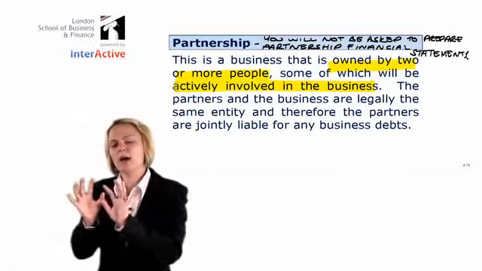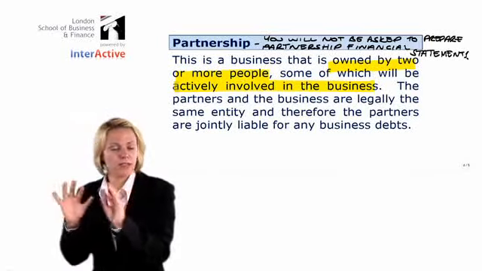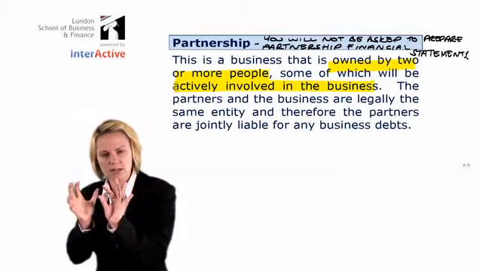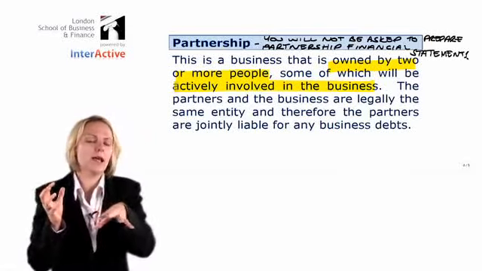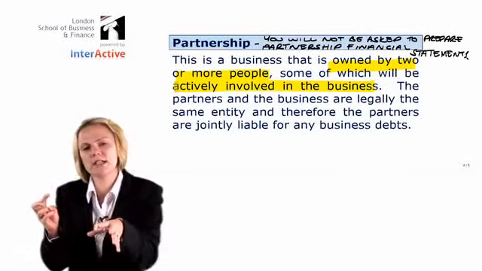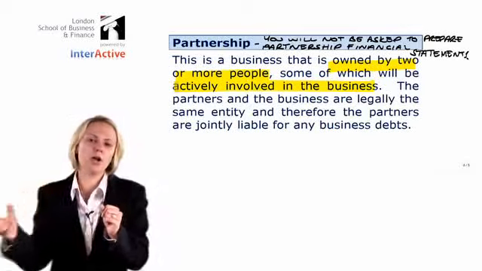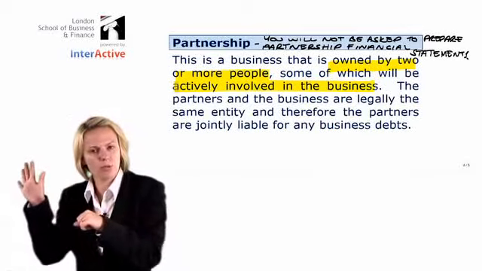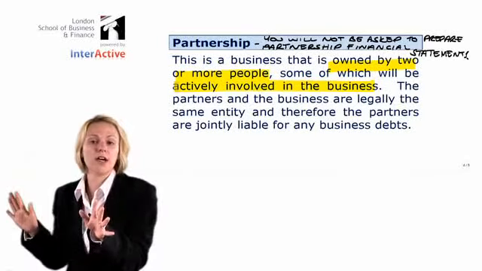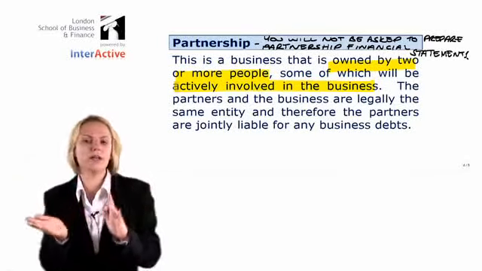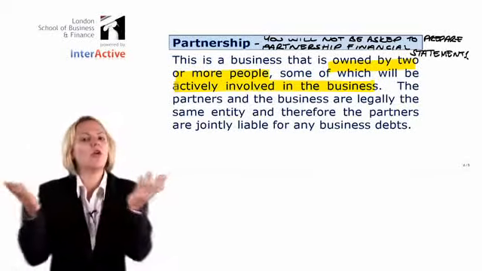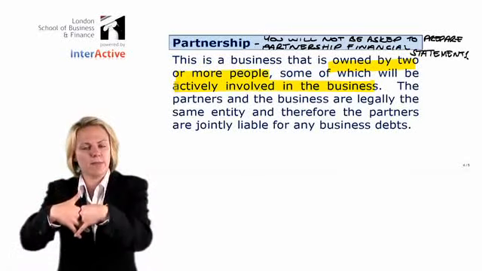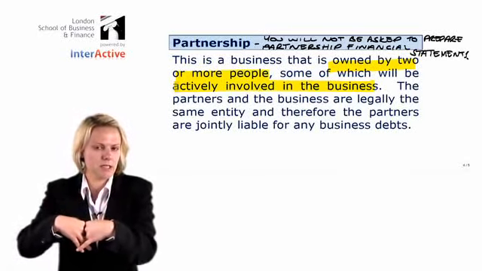Now, let's say that you have 5 people. These would be the partners, 5 partners. 4 of those partners may be actively involved in managing the partnership business, whereas 1 partner puts their money in and doesn't want to be involved. And that's fine. Some partners will be involved in the running of the business, some won't. But they all put contributions into the business and invest in the business.